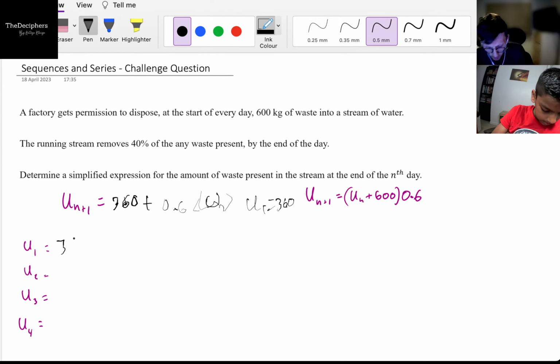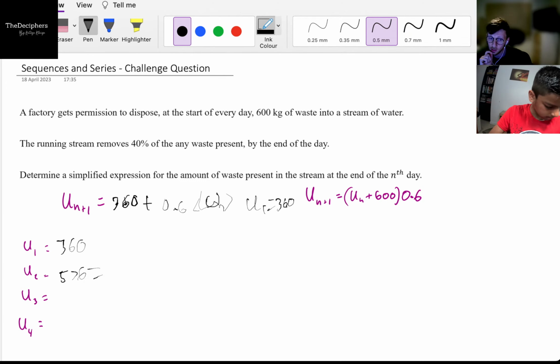Good, yeah, so that's how much will be in the stream at the end of the first day. 360 kg of waste. And then u of 2 is 360 plus 0.6 times 360.